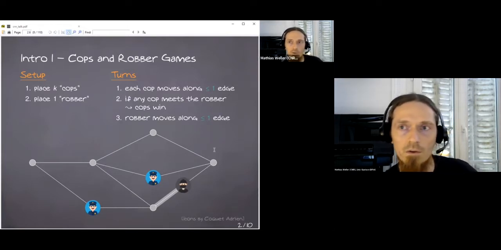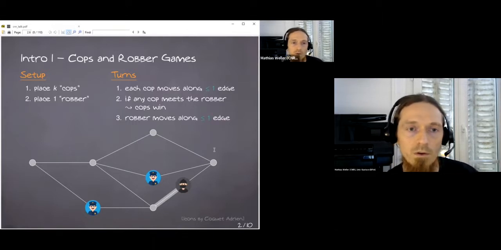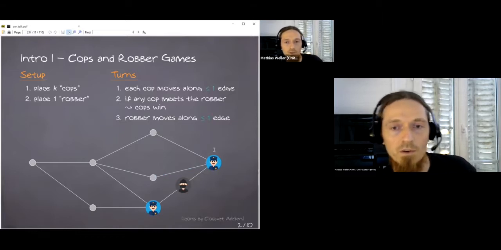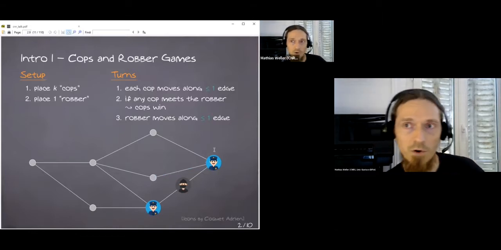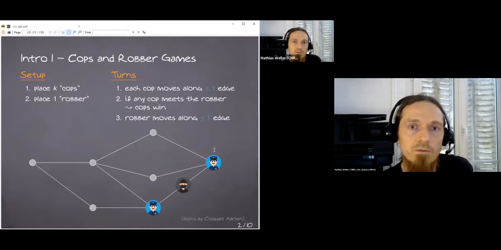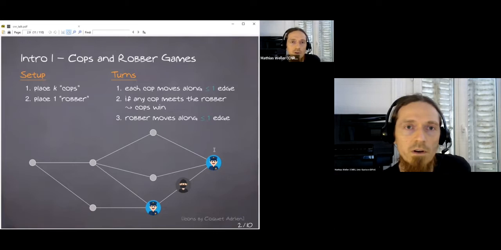There would be a new turn, which would mean the cop player can move his or her two cops. At which point now the robber is going to be caught necessarily in the next step, because he cannot evade any longer. So on this particular graph, the cops can win with two tokens. Okay, so that's cops and robbers.